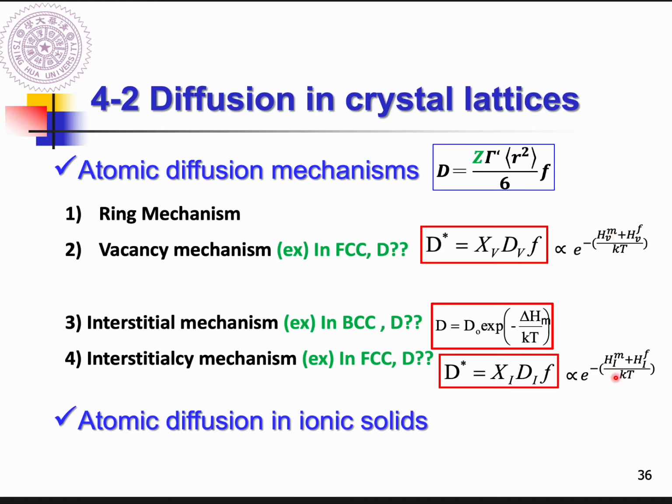As for migration energy, if you consider the lattice distortion, it probably depends on the different types of interstitial defect, but this one usually causes less lattice distortion. So if you consider the activation energy part, this term is smaller than this term, so the diffusivity is larger than this one.